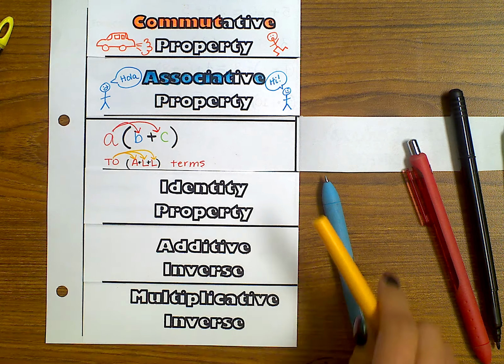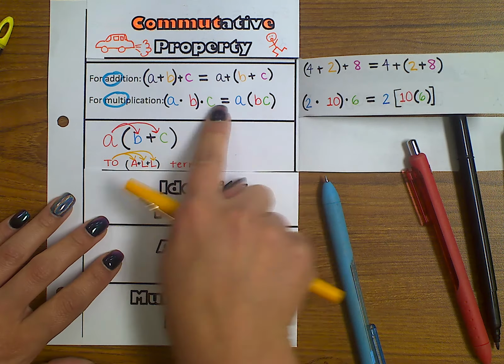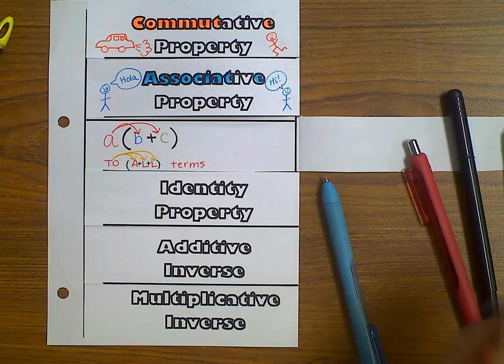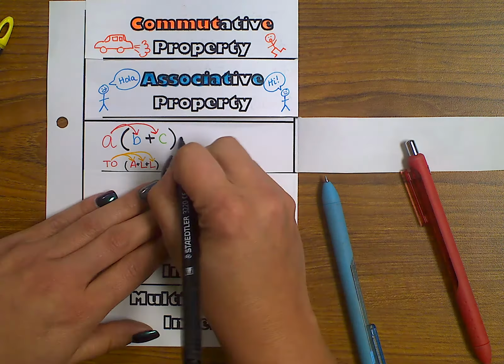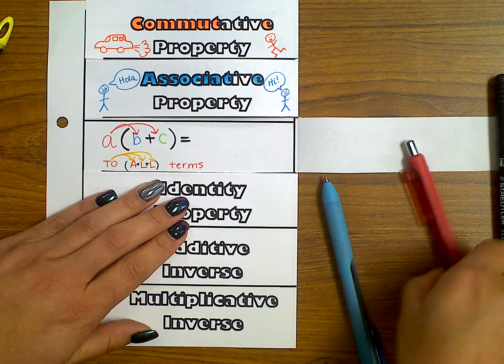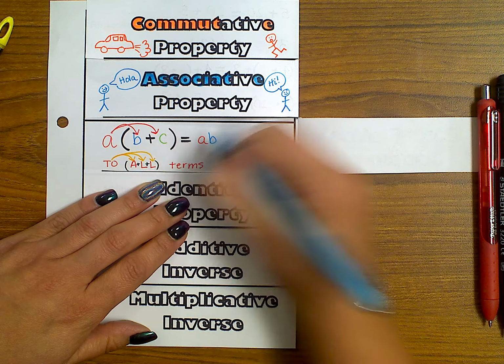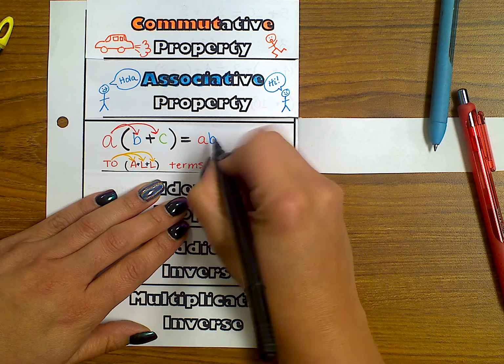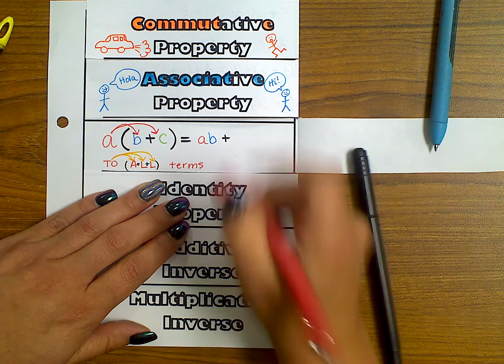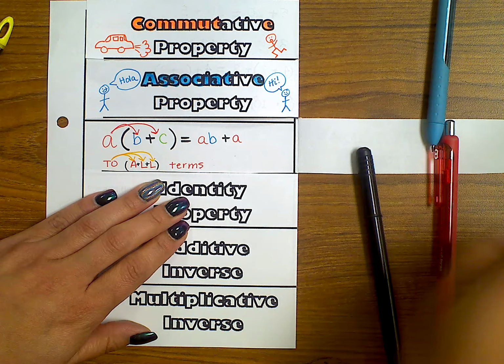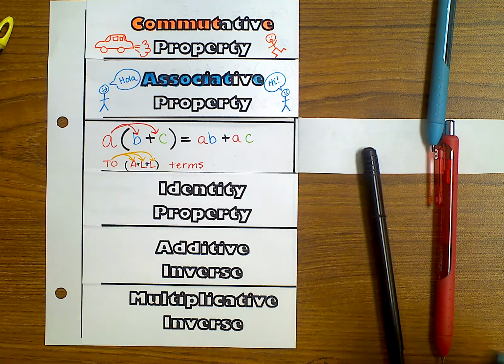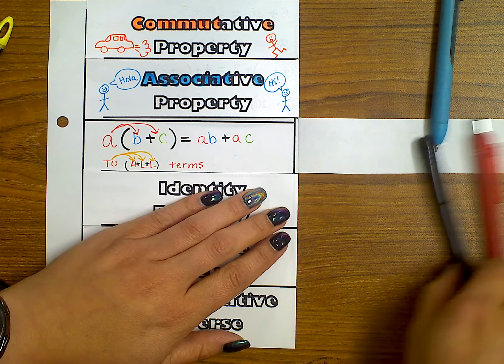Not multiplication, as we proved up here. So that would be equivalent to A times B, which I don't have to put the dot, I'm lazy, plus A times C. Beautiful.